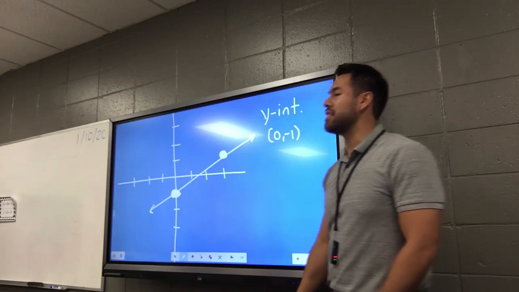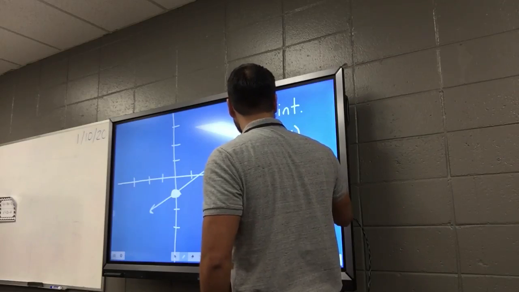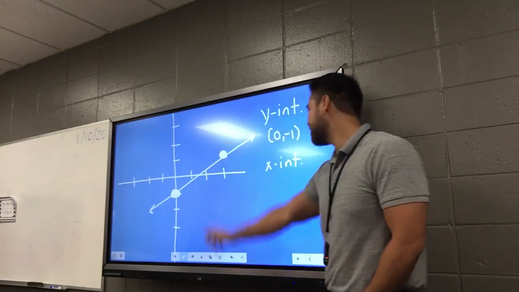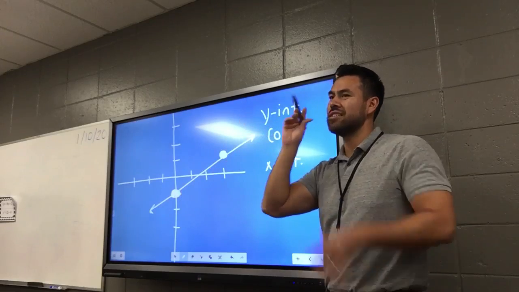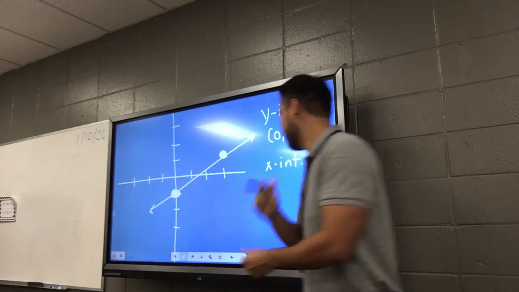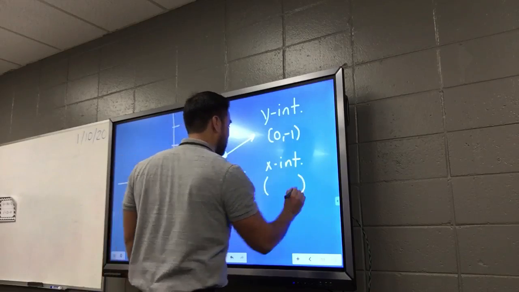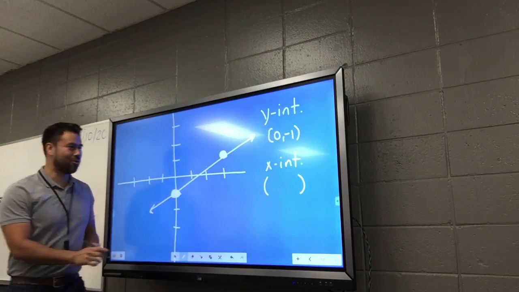Who can tell me what the X-intercept is? And if you don't see it on your graph, shame on you. My graph, I try to make it to scale, but let's see, is it 1.5? Oh, 1.5?